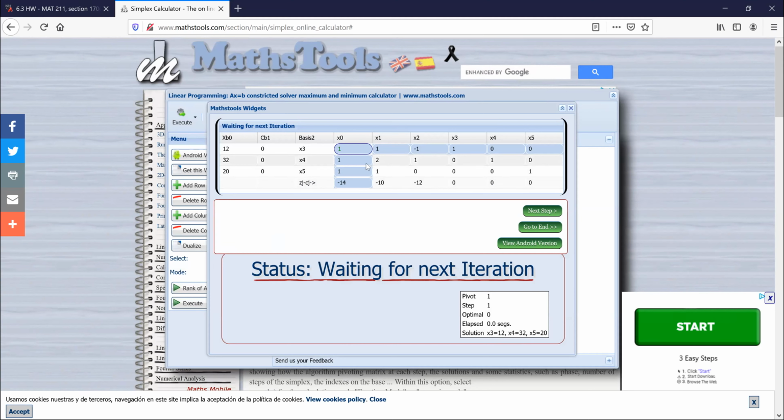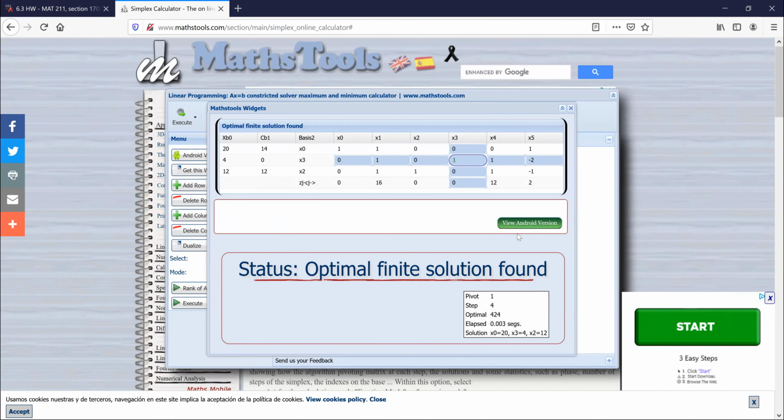That's not right. 14, 10, and 12. Let me just go to the end here. All right, so 24. Okay. This one is not okay. So they suggest the solution is x0 is 20.